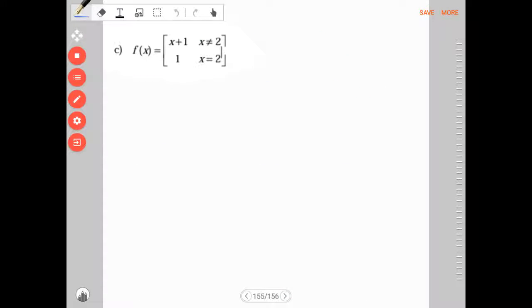Okay, C. Last one. Again, we're going to evaluate these at 2. So 2 plus 1 is 3. And when x equals 2, y equals 1. Again, right here, guys, these endpoints don't line up. But let's have a look at what this looks like.